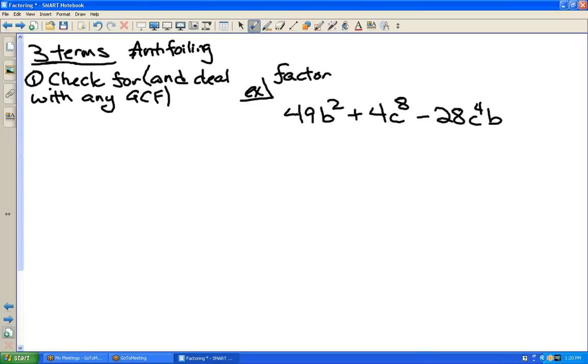Okay, and in this case, there isn't anything. I look at the letters. 2 of them have B's, 2 of them have C's, but all 3 of them don't have the same letters. And there is no number that goes into 49, 4, and 28. Awesome.